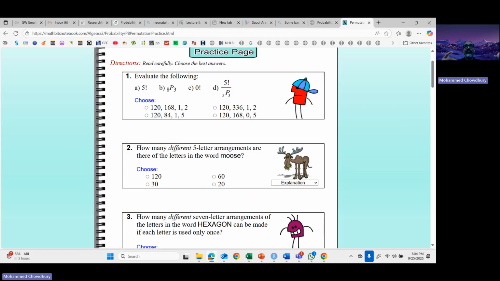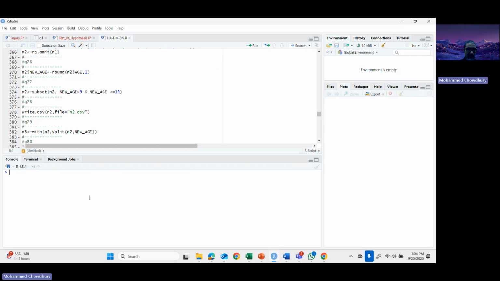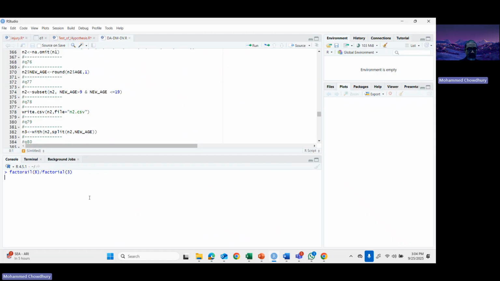Now I'm solving some problems, so let me see how we can solve these. 8P3 comes in here. Factorial 8 and factorial 3.